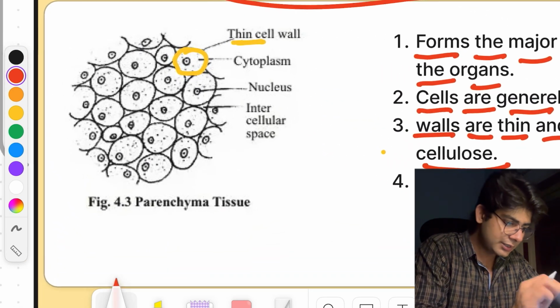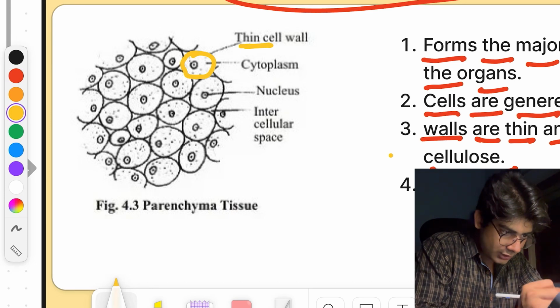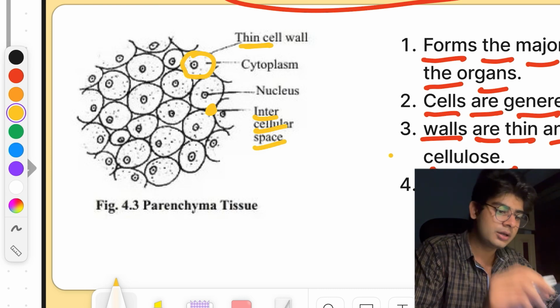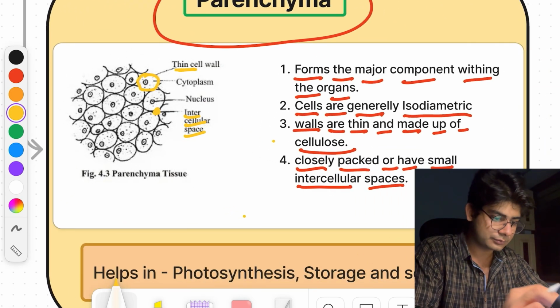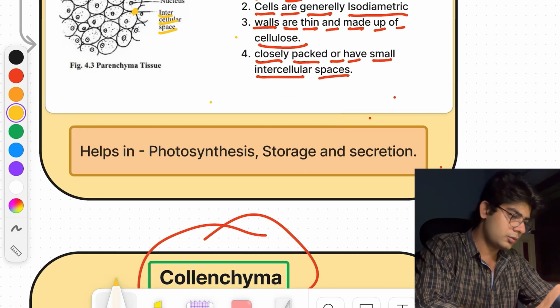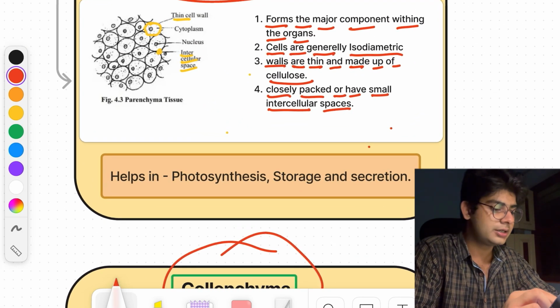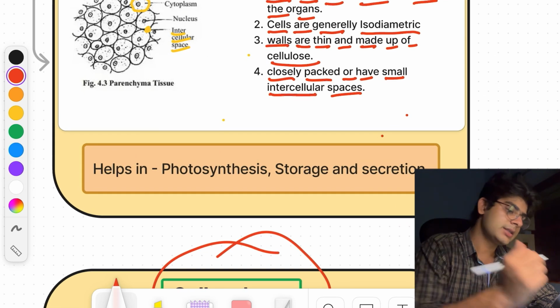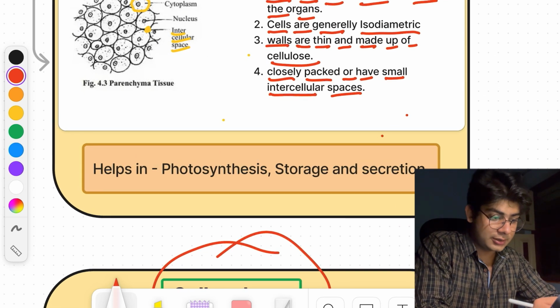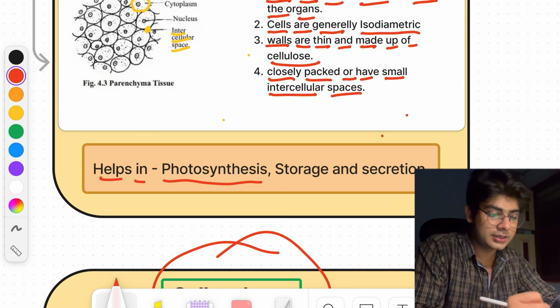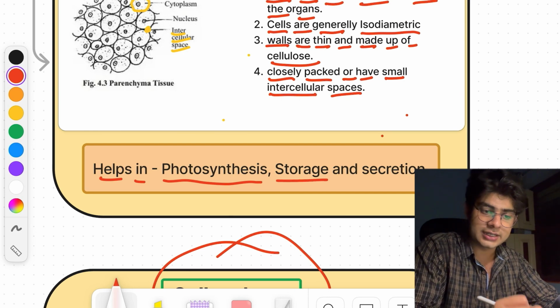As you can see in the picture, it has small intercellular spaces. The parenchymatous tissue cells helps in photosynthesis, storage and secretion.